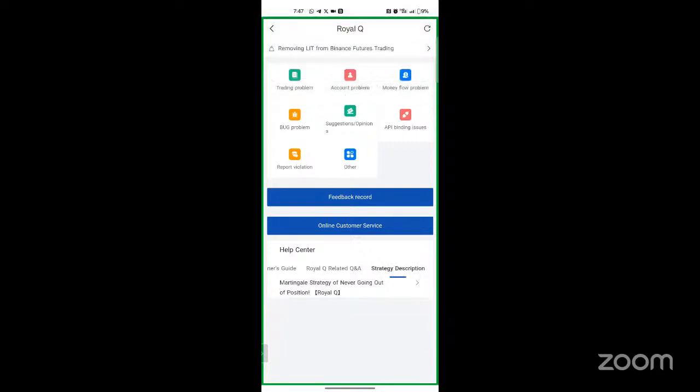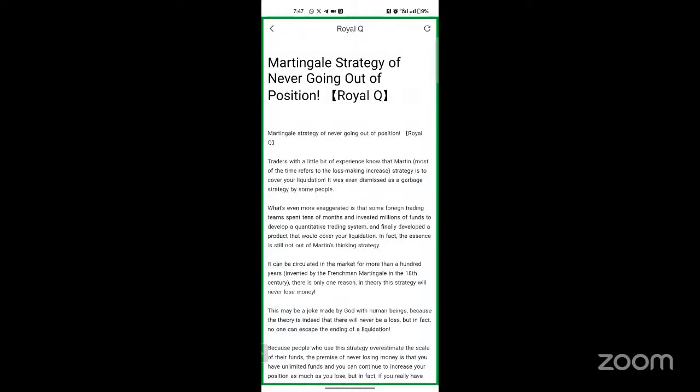They describe the strategy that Royalq uses. And let us go into this strategy.